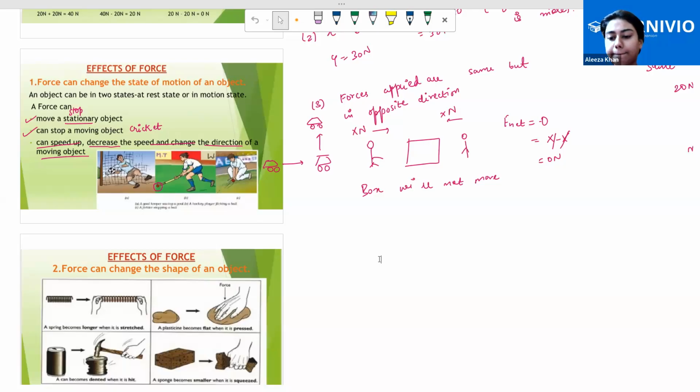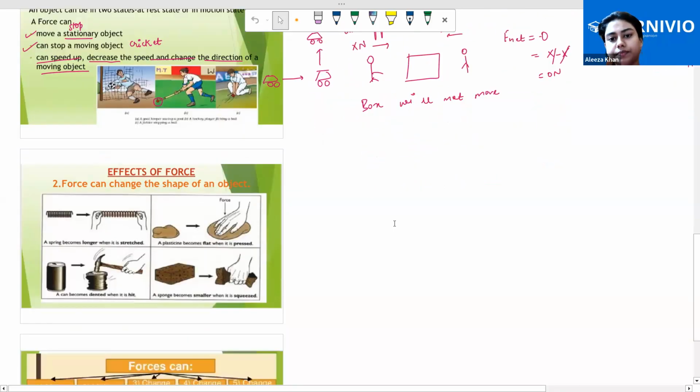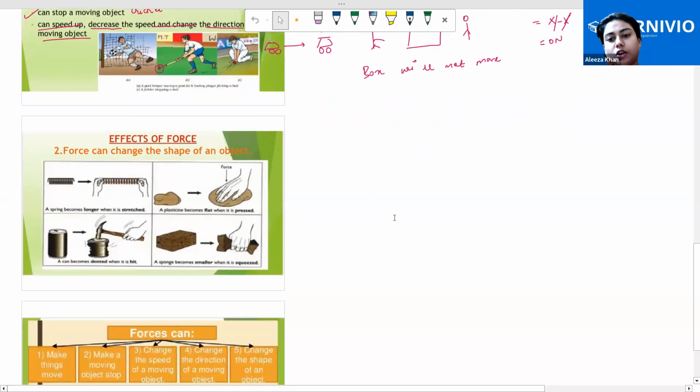Where the direction is opposite and the force is also different. Okay, and when will the object not move?